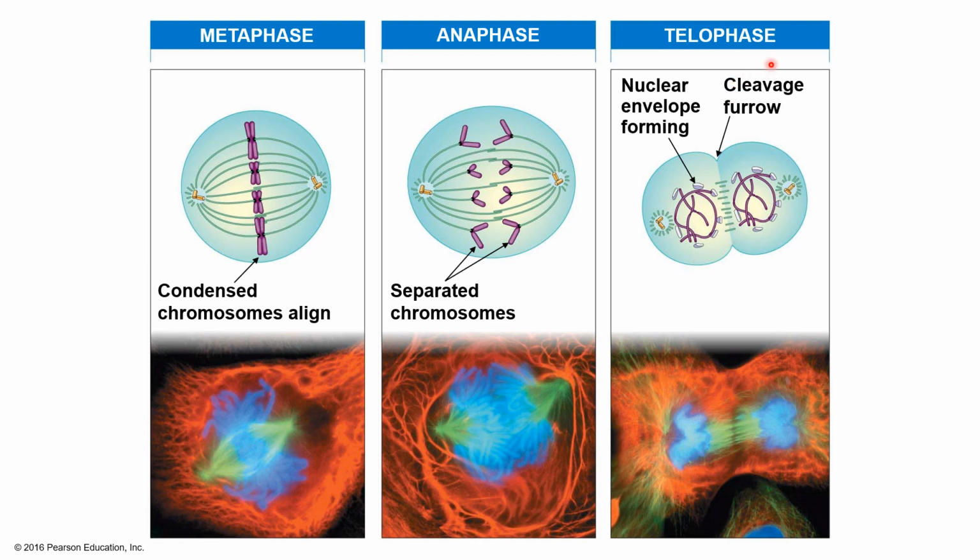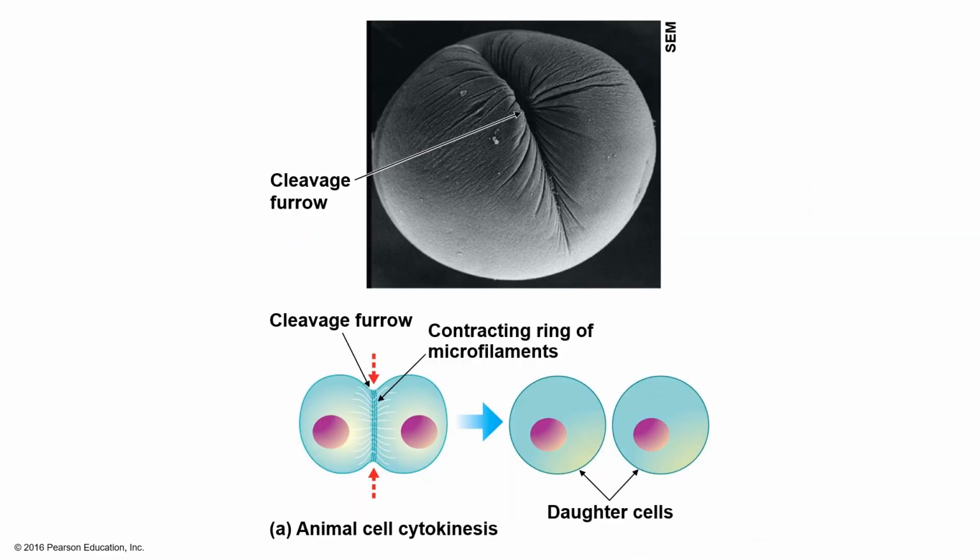When telophase is happening in an animal cell, we call that splitting right there, or that look that you're getting right here, the cleavage furrow. So cleavage furrow happens in animal cells. And this is a microscope image of an animal cell going through telophase and going through cytokinesis.